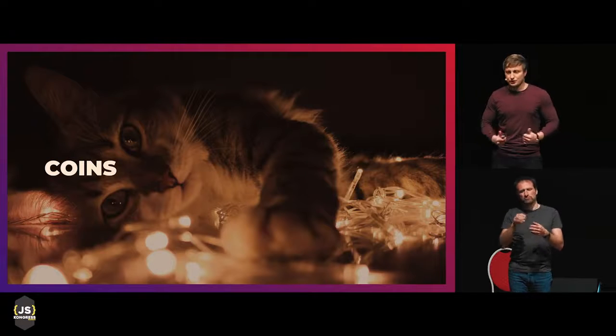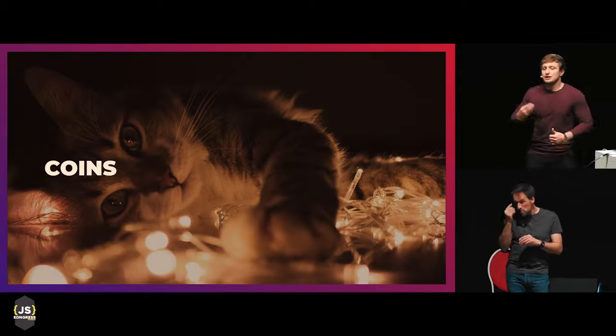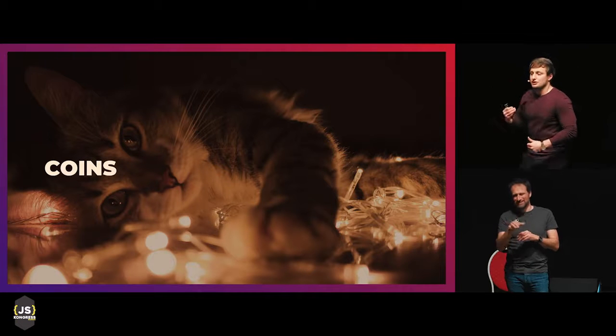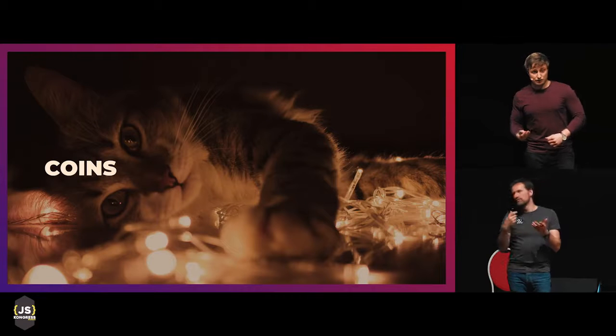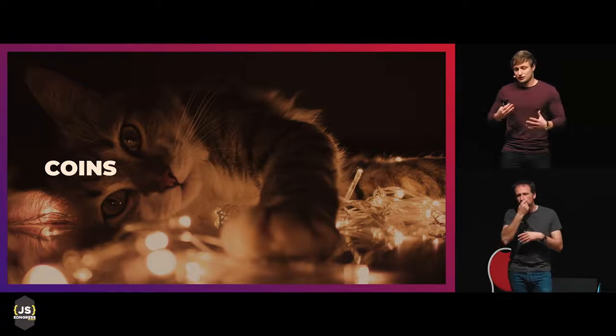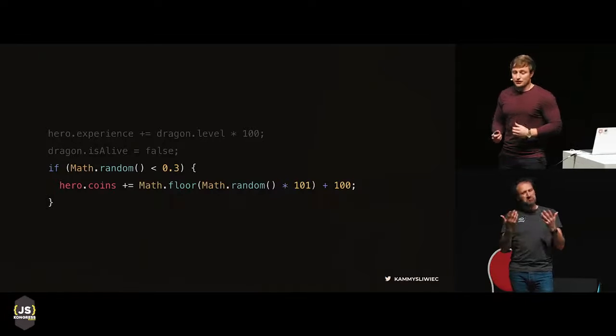Cool. We have another feature. Now let's think about currency. We need a way to buy drinks, buy food, buy for the hero, and so on. We need some kind of currency, so we have introduced coins. What's the business requirement here?